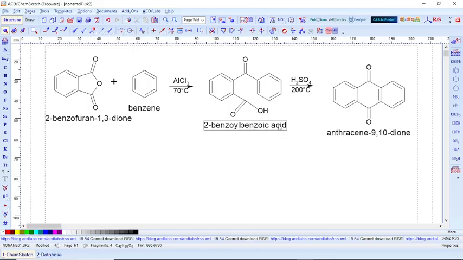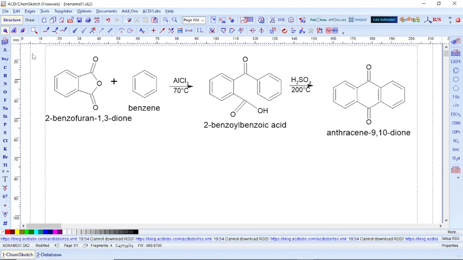The benzoic acid further undergoes a dehydration reaction to produce anthracene-9,10-diol.